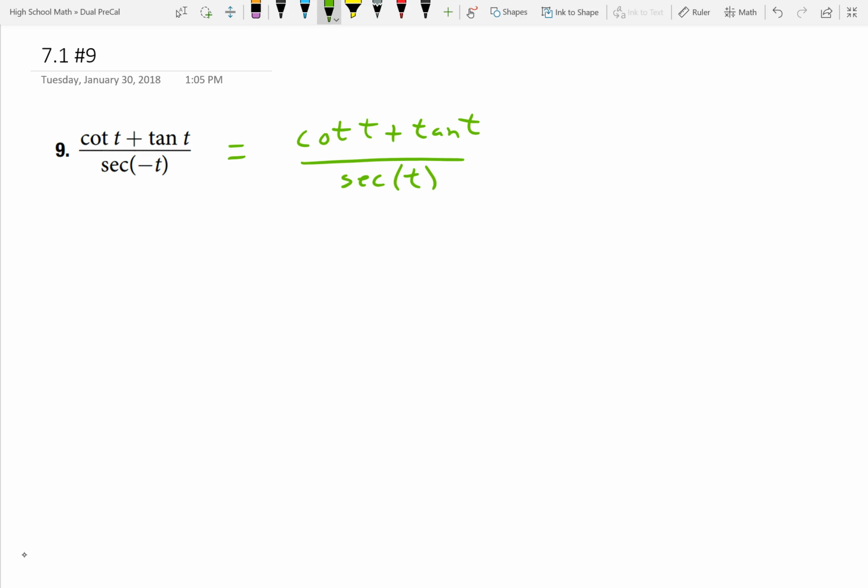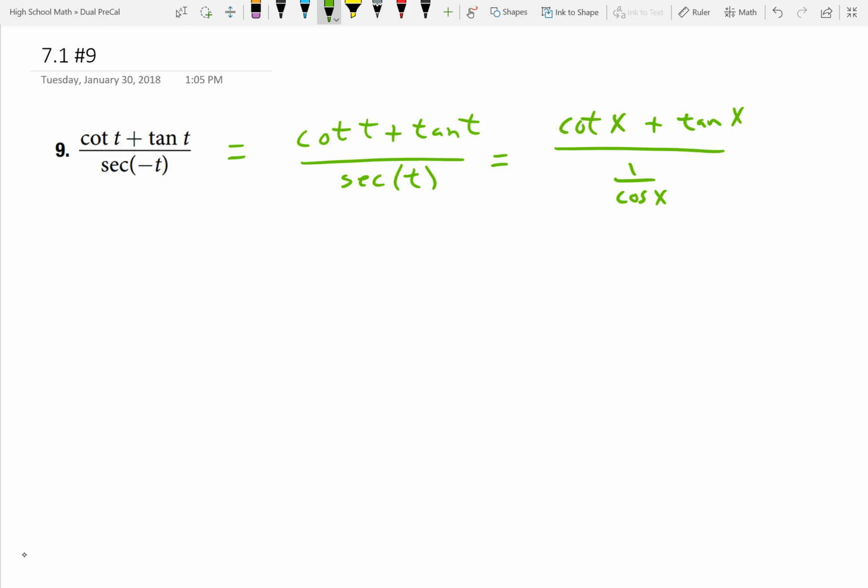Secant is equal to 1 over cosine. So I'm going to change the variable to x just to keep from confusing t's and t's. Secant is 1 over cosine.